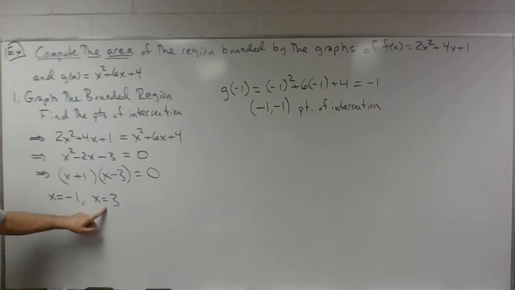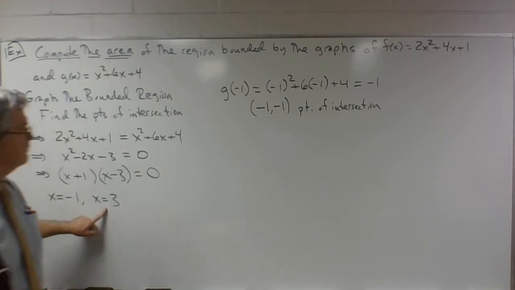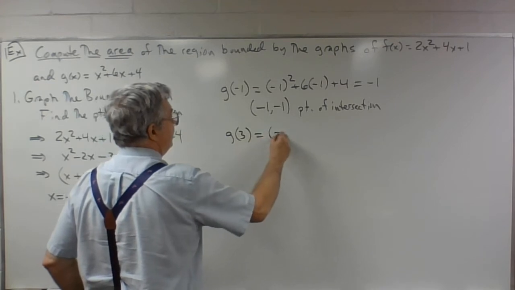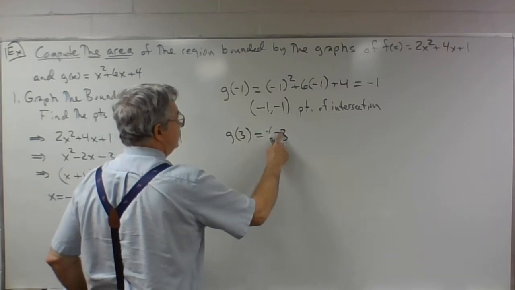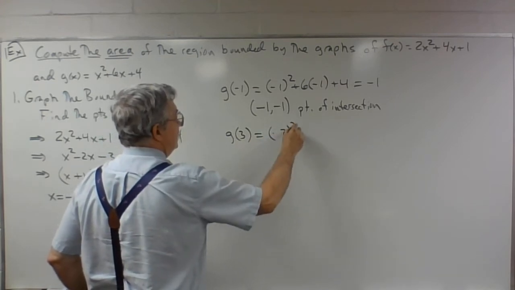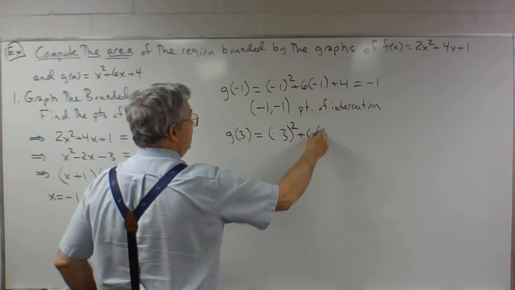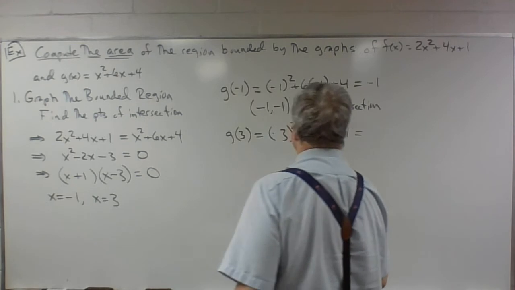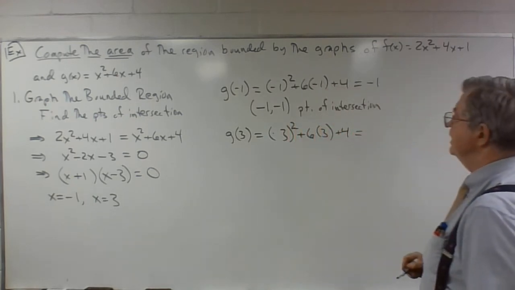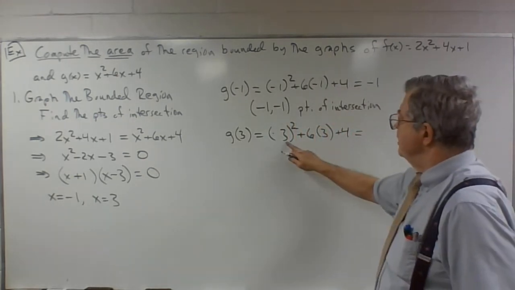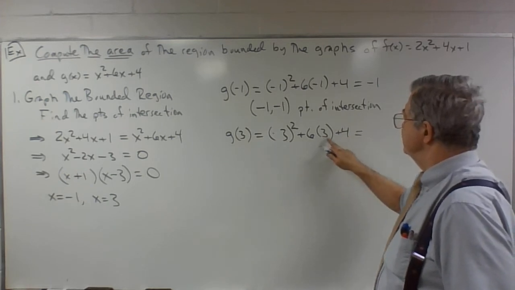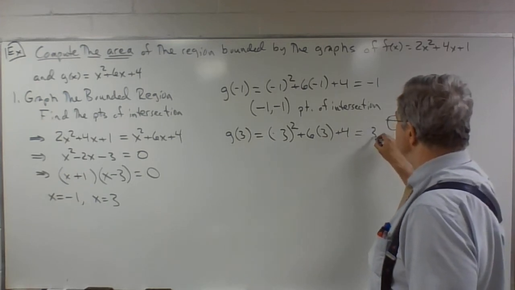Now let's take the other x value and plug it in. Oops. Did I do that right? I think so. 9 plus 18 is 27, plus 4 is 31.